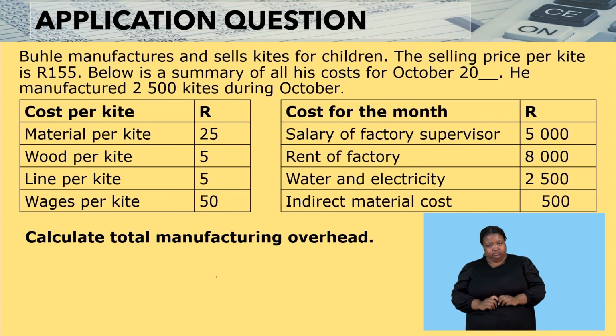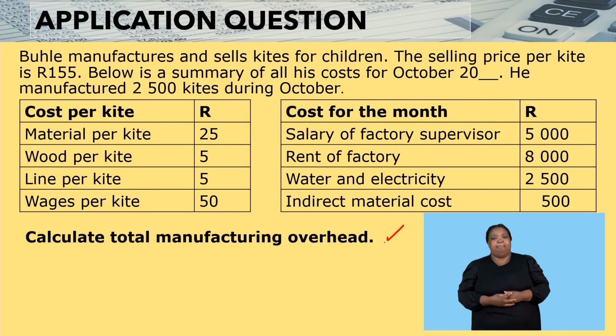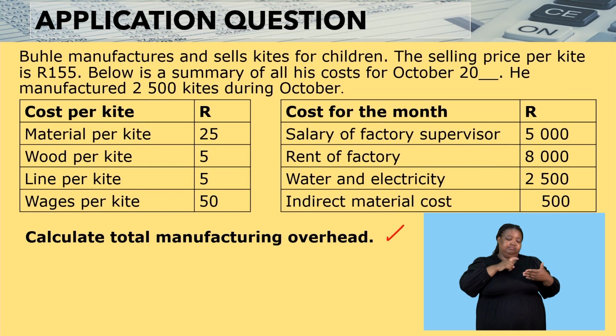The next question then says, calculate the total manufacturing overhead. If we're to calculate the manufacturing overhead, we also have to know which information we are going to use. The first thing we are going to take is the salary of the factory supervisor. Remember, the overheads are costs that are incurred in the factory, but not direct.